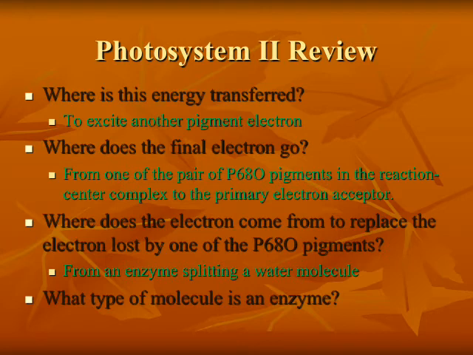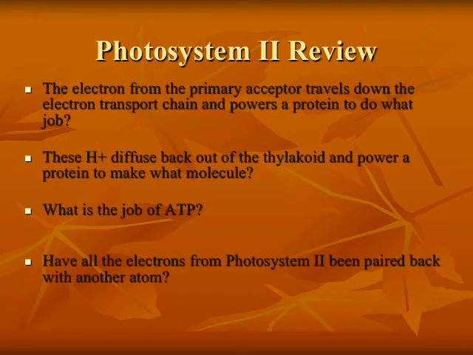Review, what type of molecule is an enzyme? It's a protein. Another quick review, what are the building blocks of proteins? Amino acids. Let's continue with this photosystem 2 review.